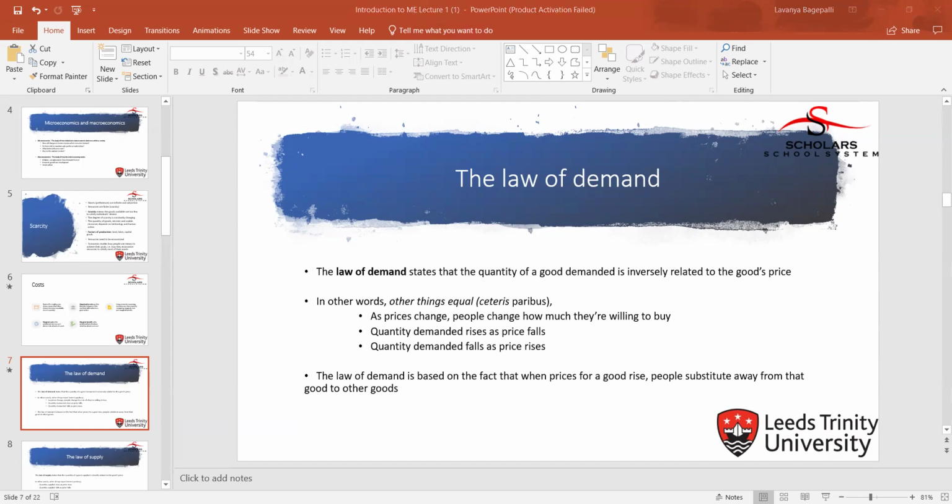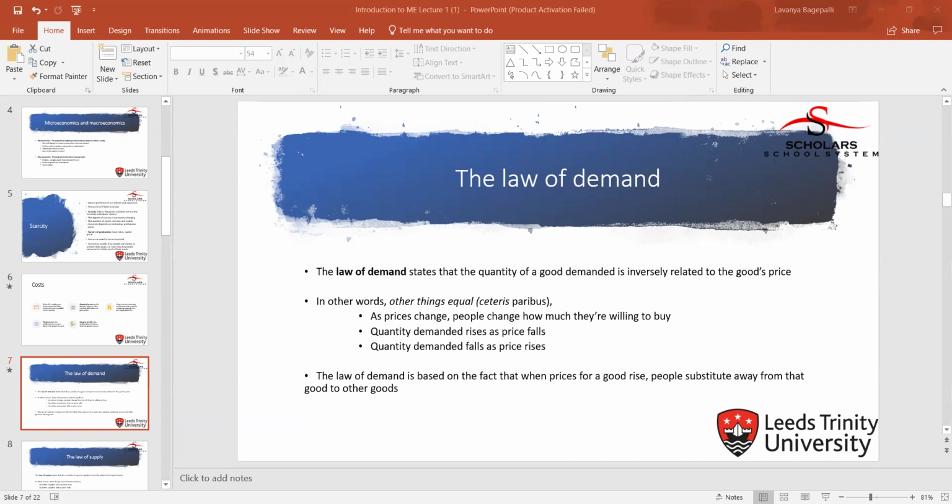The law of demand states that as the price of a good or a service decreases, the quantity demanded of that good or service increases, and vice versa. To explain in easier terms, when the price of something goes down, people tend to buy more of it. And when the price goes up, they buy less of it.